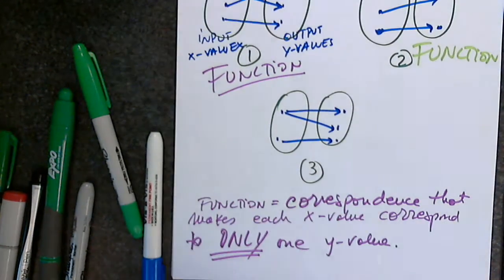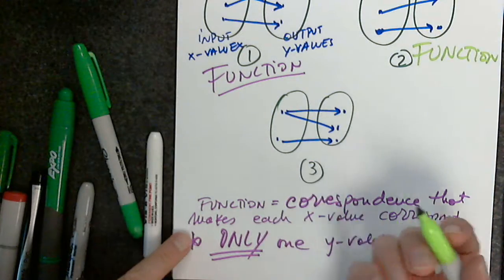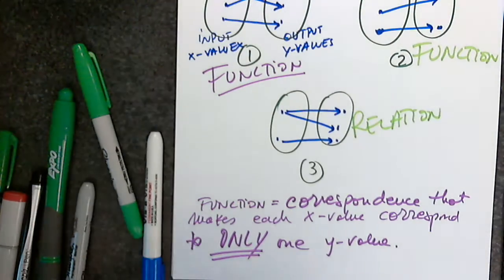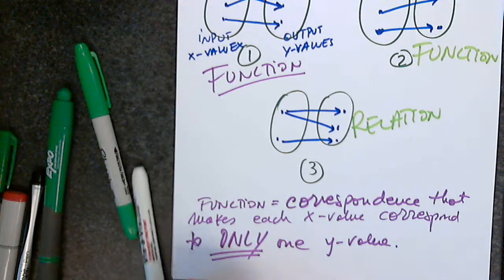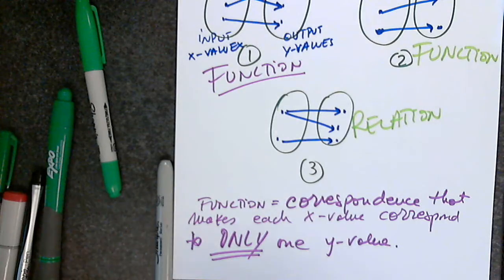Okay, what about the third situation? Not a function. That has a name. It's possible. It can happen in real life. It's called a relation. Also, these two sets have specific names. It doesn't matter if it's a function or relation.